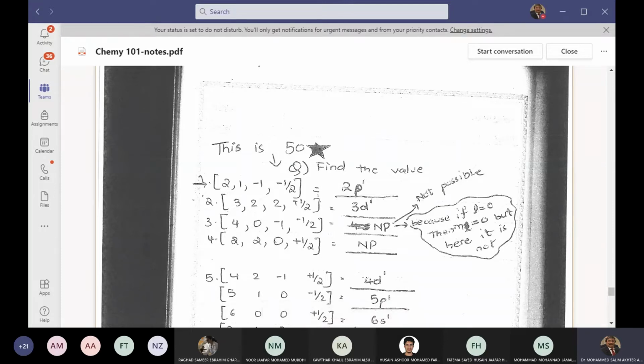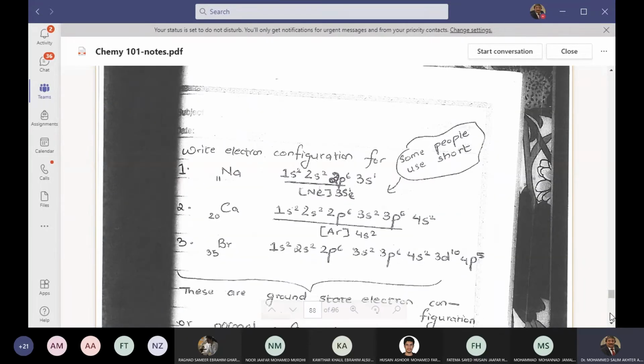Then my friend, we talked about the electron configuration. Thank you, you have sent me beautiful pictures from 2-3 people. Follow the diagram, print it out. Please print it and keep it on the table so you can do it easily. How to distribute the electron, my friend?